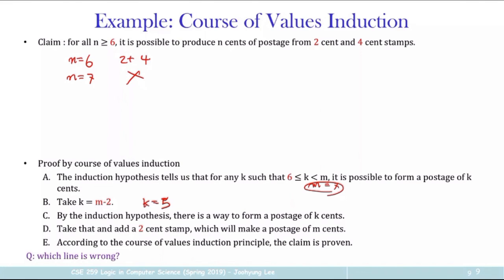And line C is saying, by the induction hypothesis, there is a way to form 5-cent postage. However, the induction hypothesis is starting from 6, when n equals 6. It doesn't cover n equals 5. We do not get P of 5.